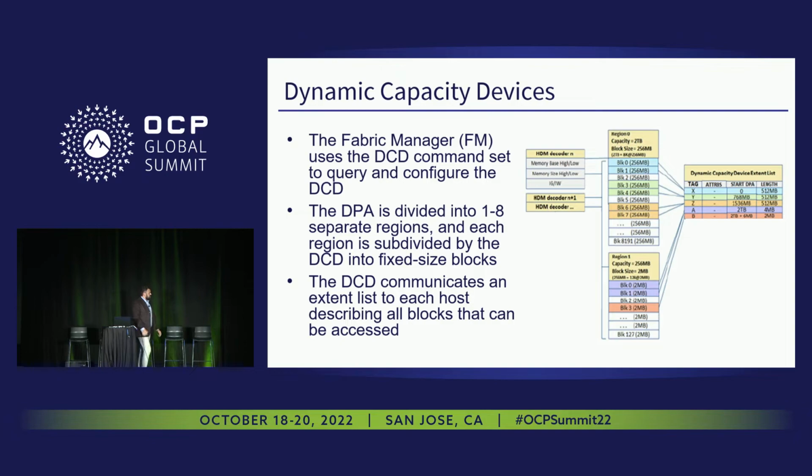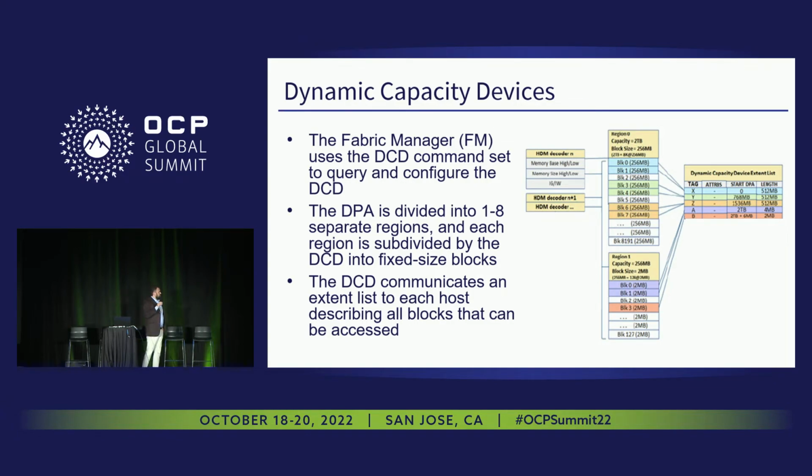So the extent list is managed by the Fabric Manager, and it's programmed and queried by the DCD command set itself. And what the extent list does is it divides the physical address into separate regions, 1 to 8 separate regions, and each one of those regions is then subdivided down into fixed size blocks.